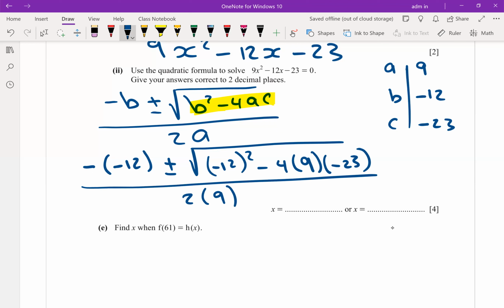This step will take 1 mark. Try to simplify at least this part. The final answer will be positive 12 plus or minus square root.